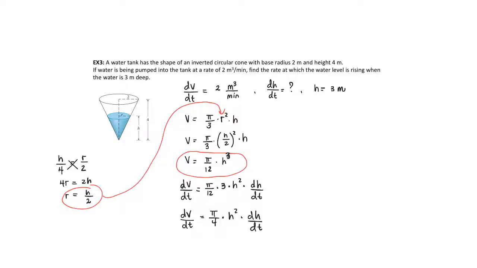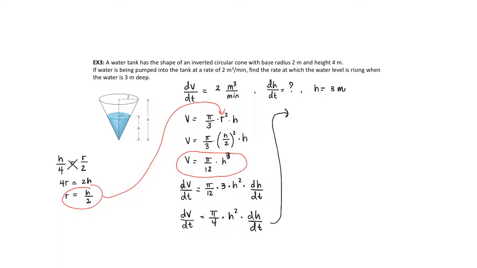Now that everything has been differentiated, I can go ahead and take this h value and substitute it into here. I also know dV by dt, so the only unknown is going to be dh by dt, which is what I want.